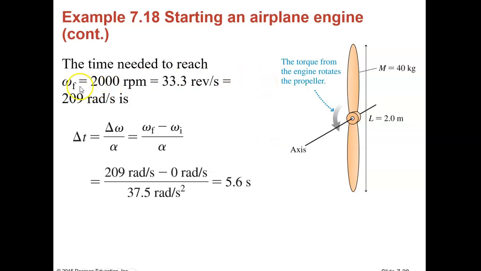And the time we need to reach our final speed of 2,000 RPM, which is 33 revolutions per second, which is 209 radians per second by problems we've done in class. If we know our initial rotational speed, our final rotational speed, and our acceleration, we can solve for time.